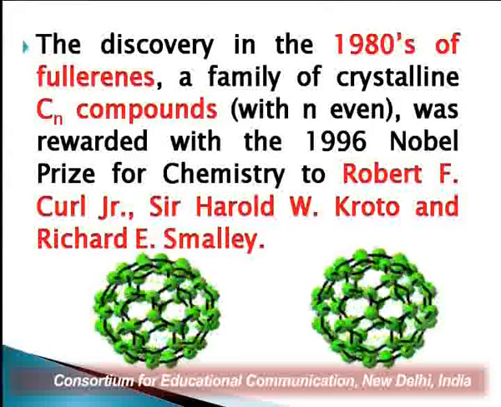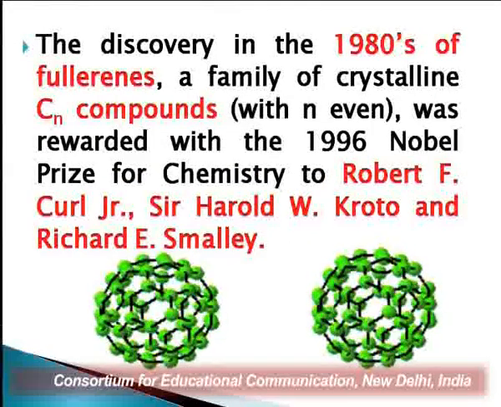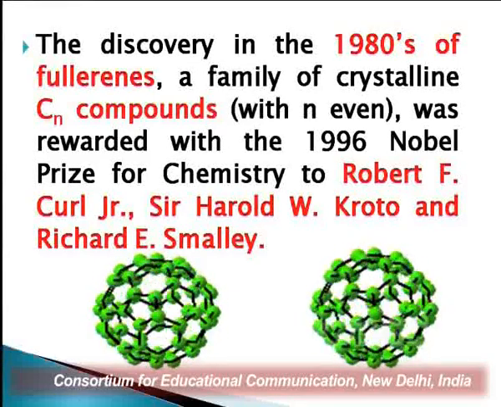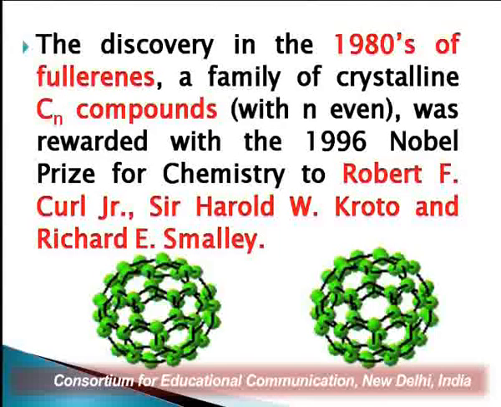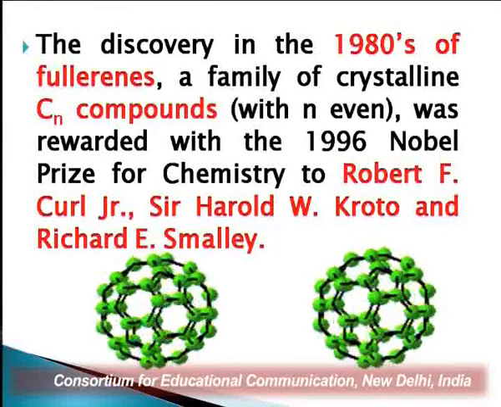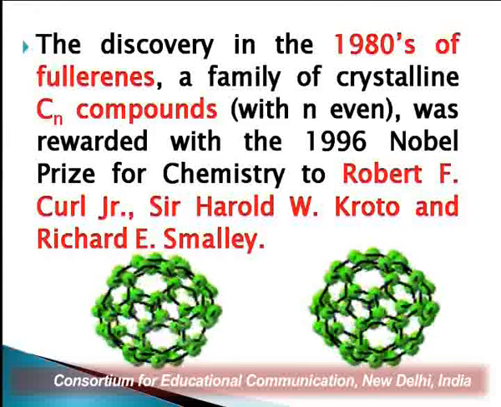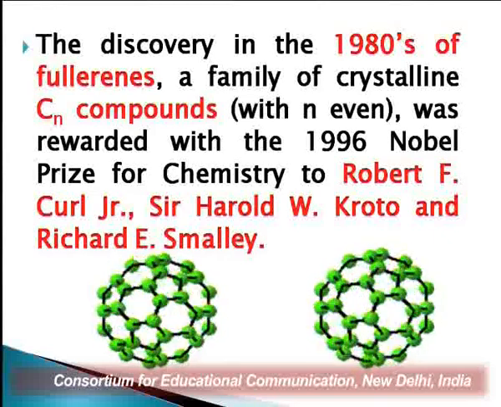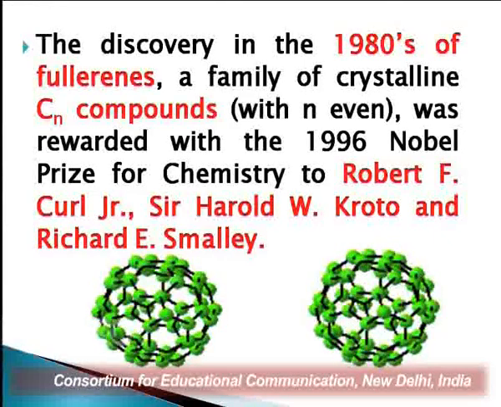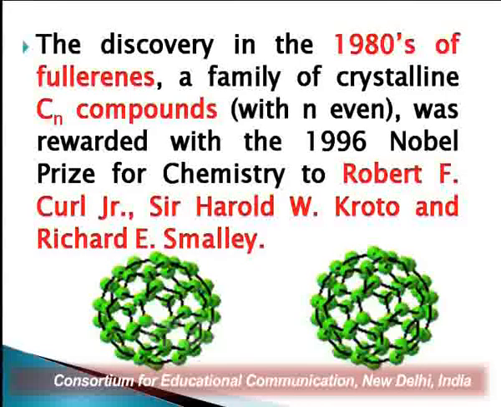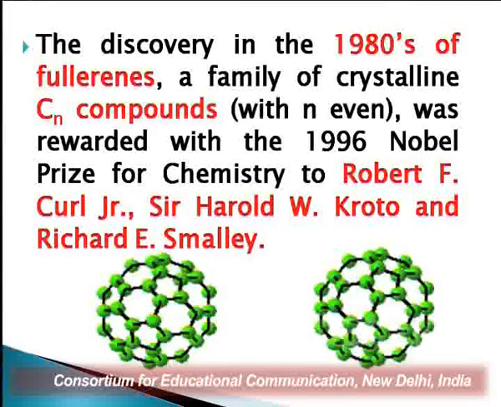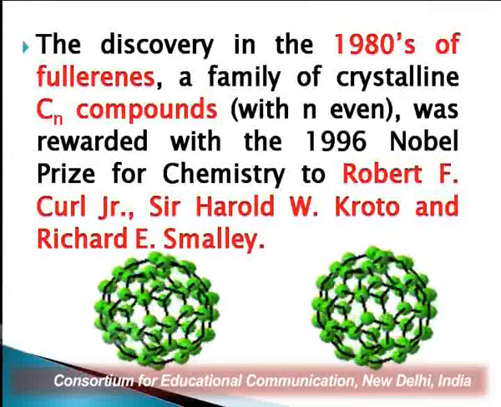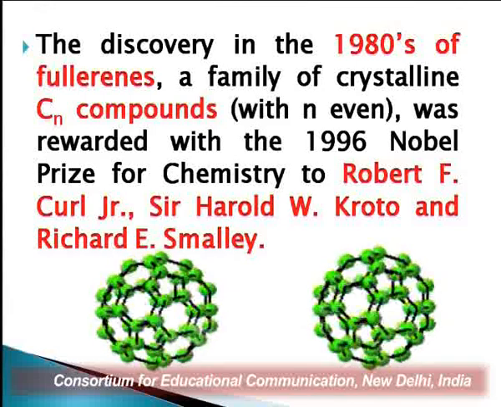The discovery of fullerene was done in the year 1980 by the scientists Robert Curl, Kroto and Smalley, and they were awarded in 1996 for this discovery. This Buckminster fullerene is a family of the crystalline Cn compounds, C for carbon and n having an even value.